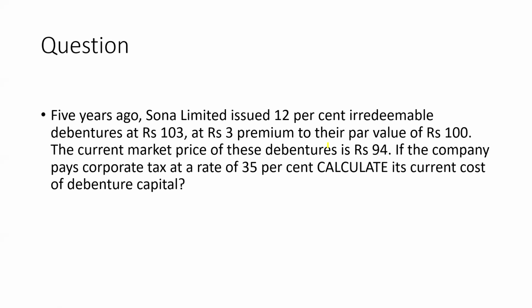Remember that. So if the face value is 100 rupees and the rate of interest is 12%, your interest would be 12 rupees. The current market price of the debenture is 94 rupees. Calculate the cost of debenture capital.